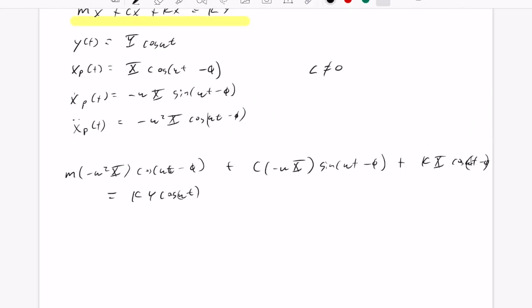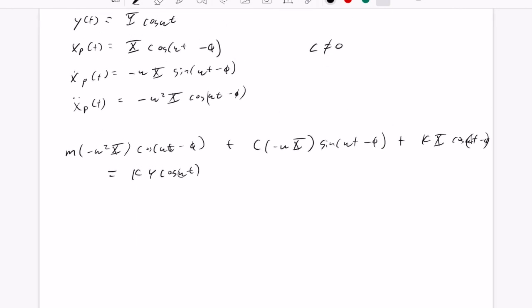And then what we're going to end up with is x times k minus m omega squared, cosine omega t minus phi, plus, I'm going to leave this as a plus right now, c times negative omega x sine omega t minus phi, is equal to ky cosine omega t.